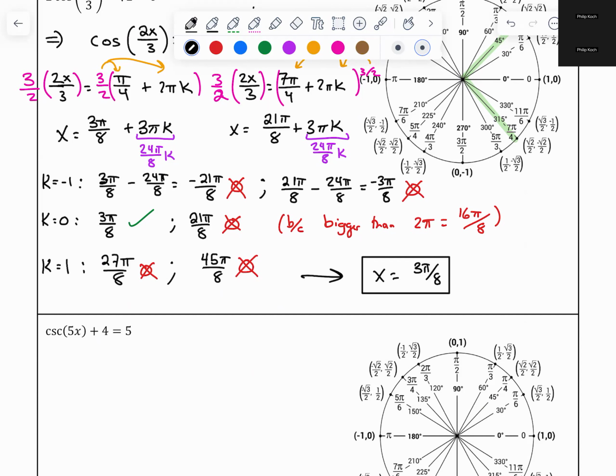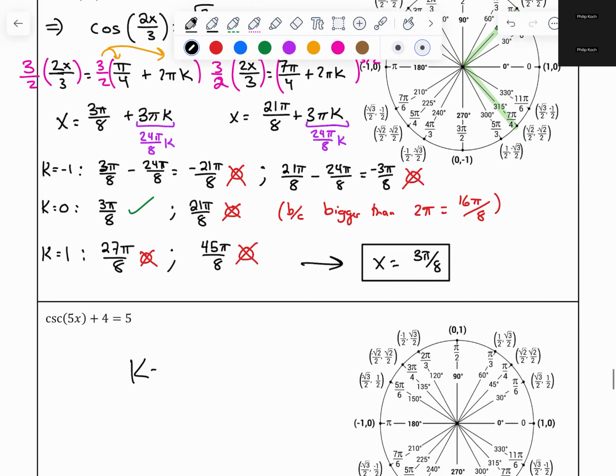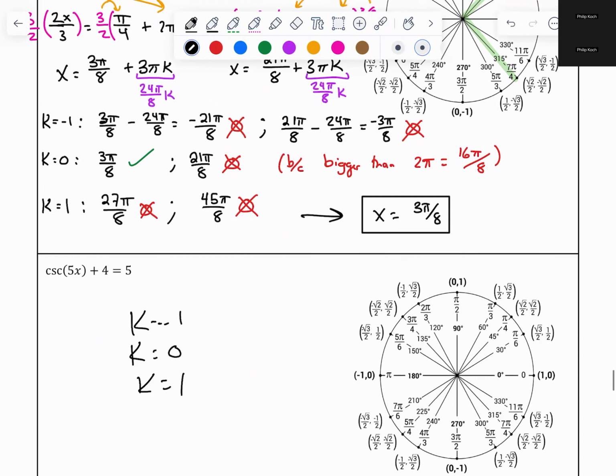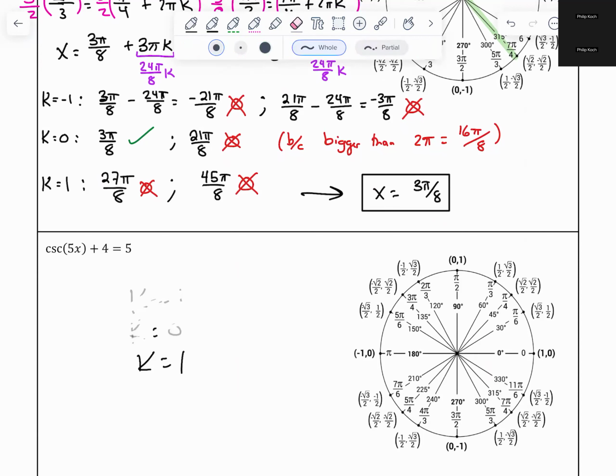Even if you just write k equals -1, k equals 0, so that I know that you tested them, that would really help me. Because if you don't show that work and you get the wrong answers, then there's no way for me to give you partial credit. And I hate not being able to give partial credit. It's my favorite part about grading.